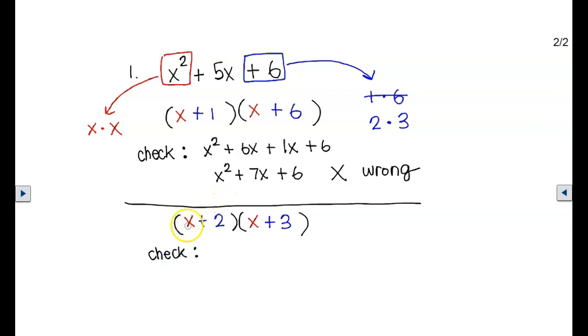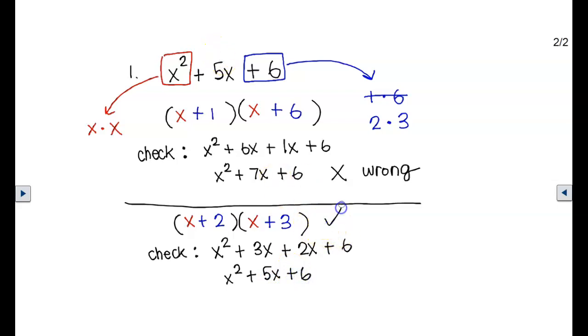So I start with this x and I do x times x, which is x squared. Then I do x times 3, which would be 3x. Then I do 2 times x, which is 2x. And then 2 times 3, which is 6. When I combine my like terms here in the middle, I end up with x squared plus 5x plus 6, which is what I started with.